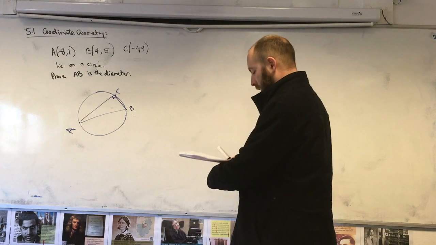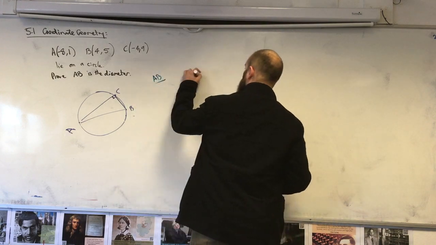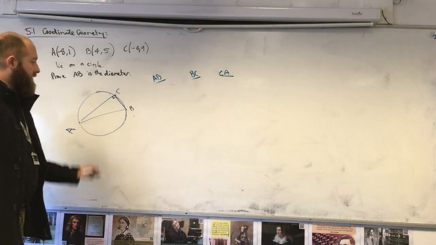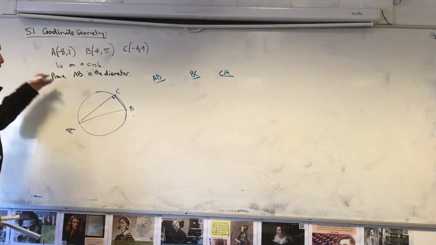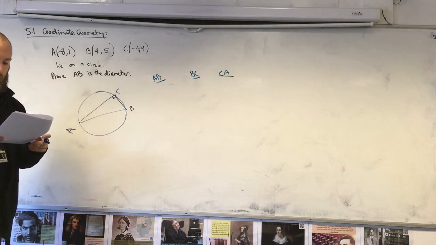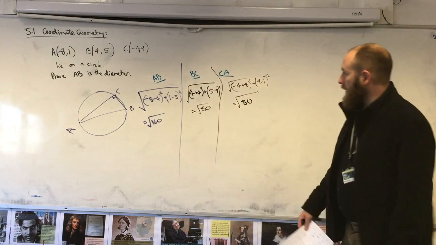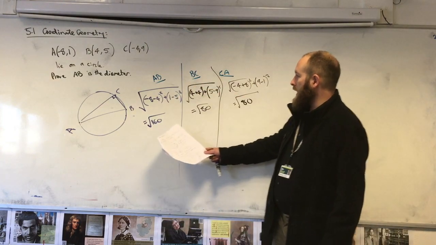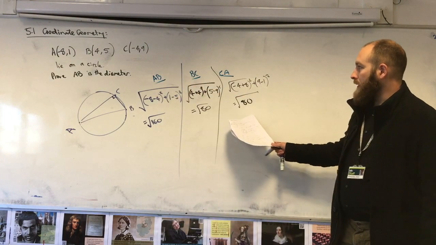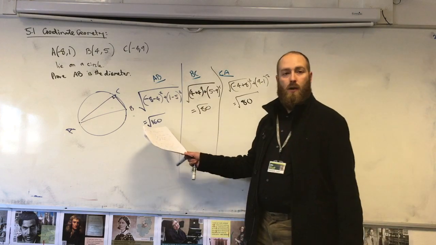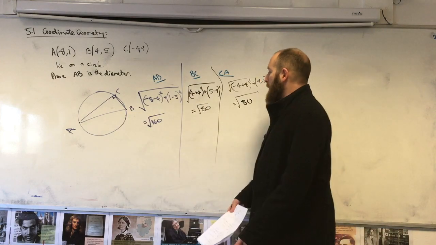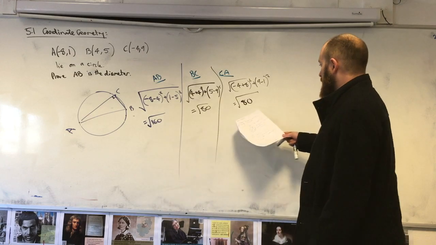So we're going to find the lengths of AB, BC and CA. And if Pythagoras holds up with these three lengths, we know it's a right angle triangle, thus we proved that AB is the diameter. So let's work out all these lengths. So we get AB is root 160, BC is root 80, CA is root 80. So in this triangle we know that AB is definitely the hypotenuse, as we expected. And do those all work in Pythagoras?